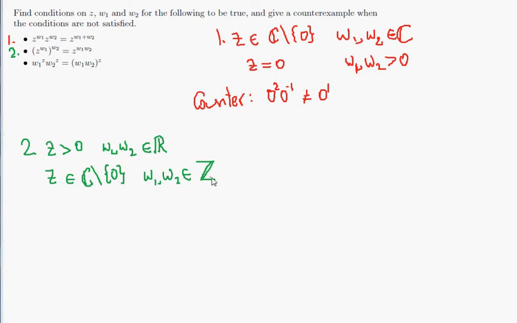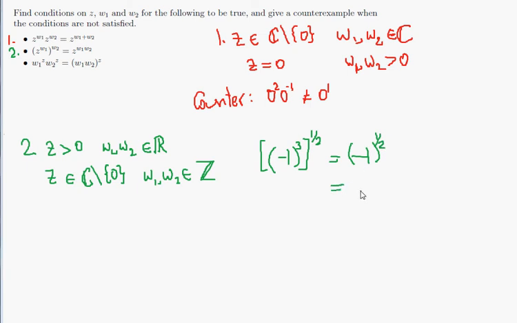An example where neither of these work, and the law of exponents is false, would be something like this: negative 1 to the third, to the 1/2. Now this is equal to negative 1 to the third is negative 1, and negative 1 to the 1/2.